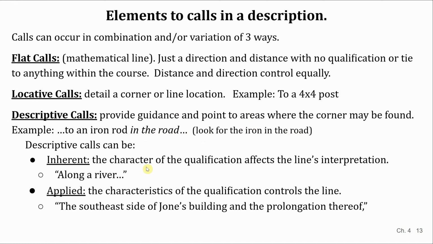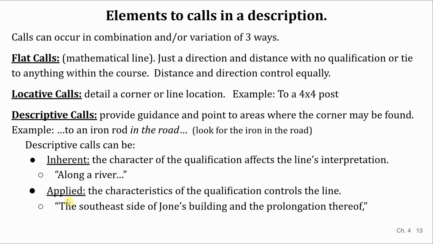Descriptive calls can be inherent. So if the call is along a river, then obviously we're going to follow the meanderings of the river. It's not super specific, but the river is there. We can see it. We know we have to follow it wherever it goes. Or descriptive calls can be applied.